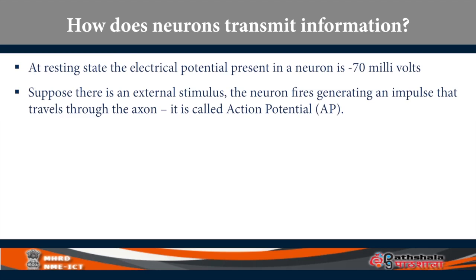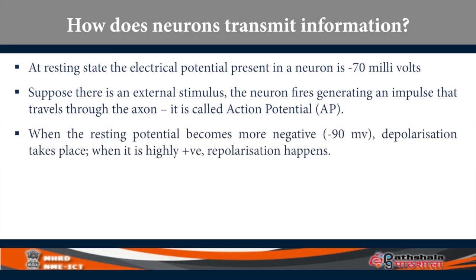So in response to external stimulus, neuron fires and it generates what is known as action potential, AP. So resting potential is minus 70 millivolts. Suppose it becomes more negative, minus 90, that process is called depolarization. Then eventually it becomes positive, and that is called repolarization.